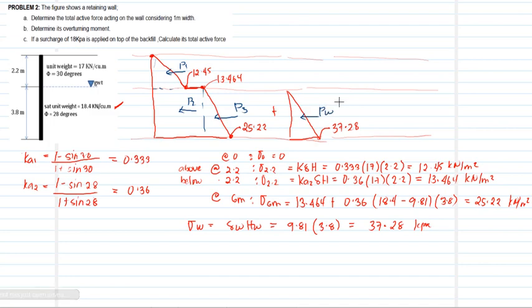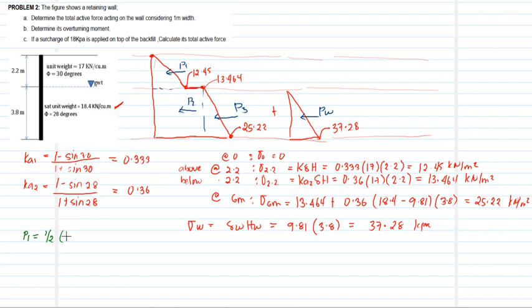So, to solve for the total active force, just have to add this P1 plus P2 plus P3 plus PW. So, we need to solve first the values of P1, P2, P3, and PW. Okay? So, to solve the values, so let's go to the P1. So, P1, that is equal to, that is a triangle, so 1/2.